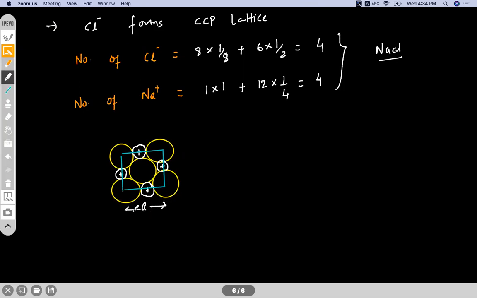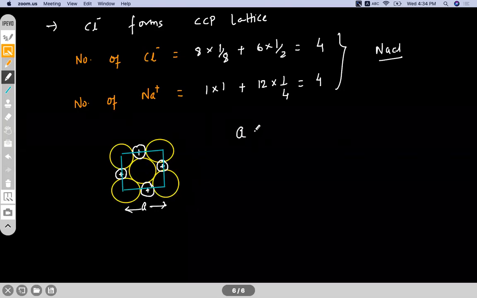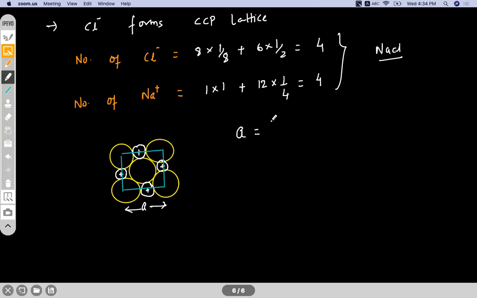If I ask you to write down a in terms of radius, what would you write? a is equal to 2r plus, the radius of cation, this distance, plus 2r minus, the radius of anion, which is this distance. Yes. So the radius of cation plus the radius of anion, r plus plus r minus, is equal to a by 2.